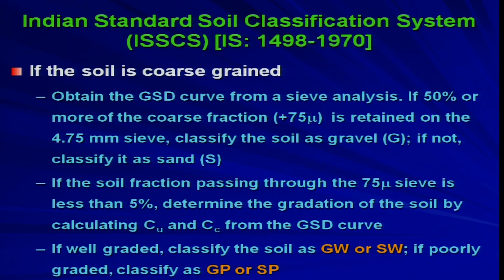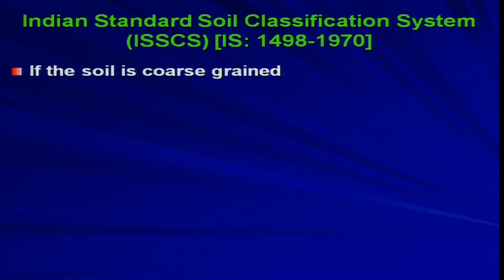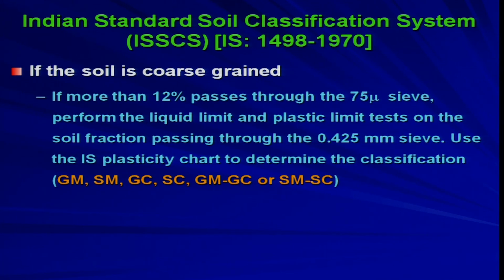If the soil fraction passing through the 75 micron sieve is less than 5%, determine the gradation of the soil by calculating Cu and Cc from the GSD curve, because at that time the gradation will be the predominating factor to define the classification. If well graded, classify the soil as GW or SW, if poorly graded, classify the soil as GP or SP.